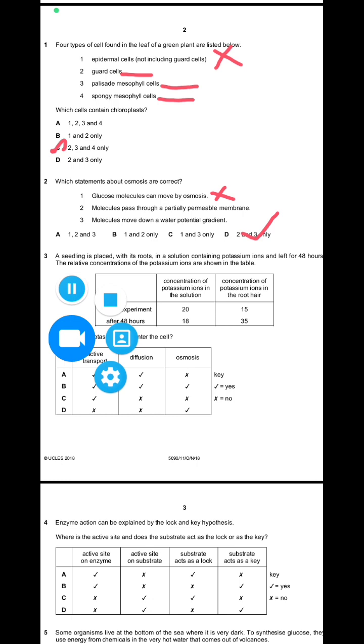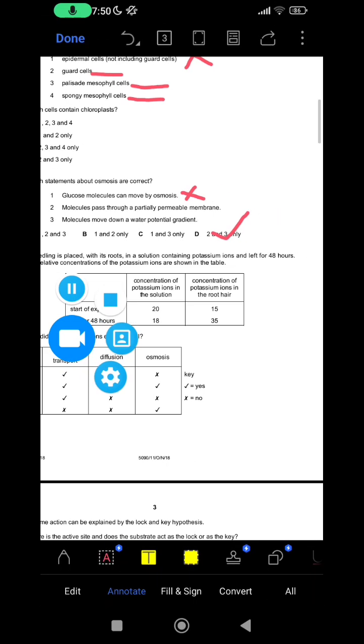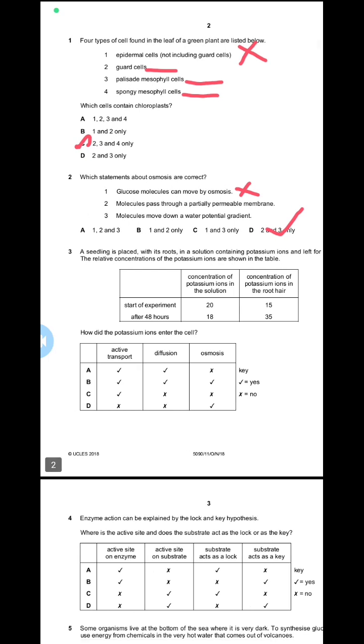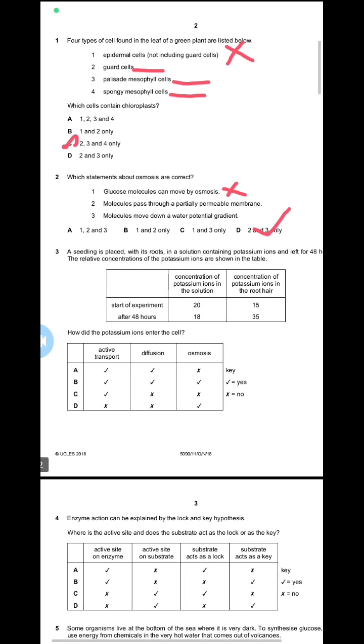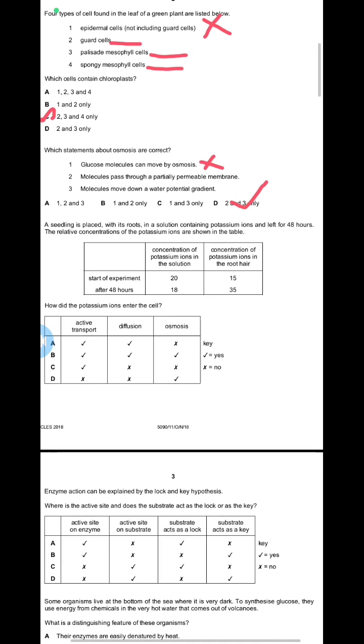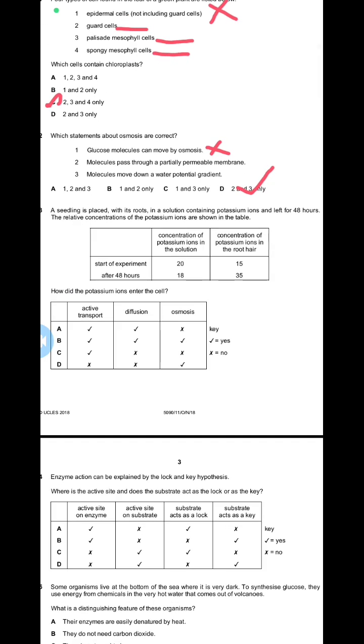A seedling is placed with its roots in a solution containing potassium ions and left for 48 hours. The relative concentrations of the potassium ions are shown in the table. Now we've been provided with the table. How did the potassium ions enter the cell? At the start of the experiment, the concentration of ions is higher in the solution than in the root hair cells. So first, they will move by diffusion, and secondly, after 48 hours, the concentration is higher in the root hair cell and lower in the solution.